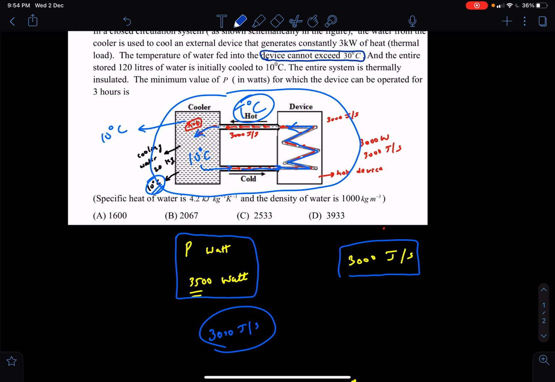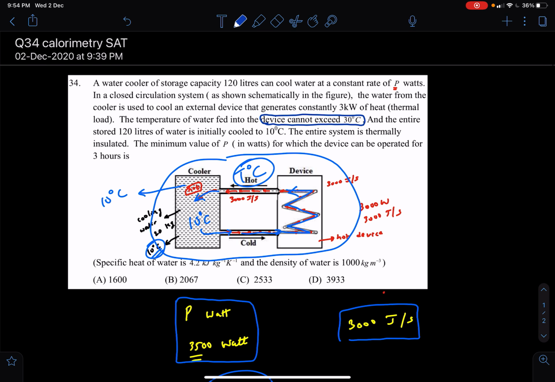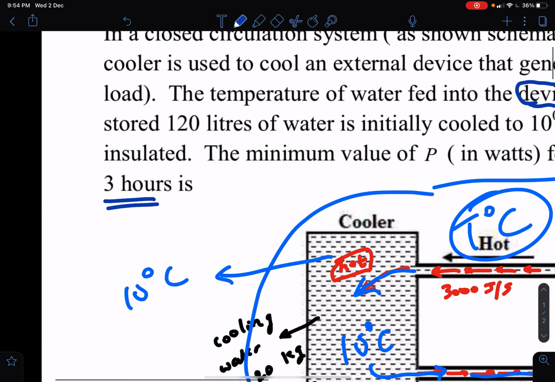In the worst case, we can use a lower capacity cooler, less than 3000, so that the water keeps gaining heat anyway per unit time on an average, and because of that it keeps gaining temperature, but its temperature should not become 30 degrees centigrade within 3 hours.